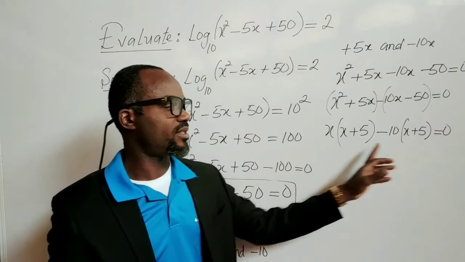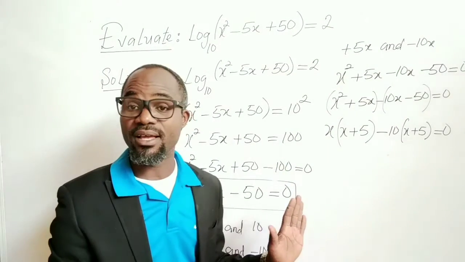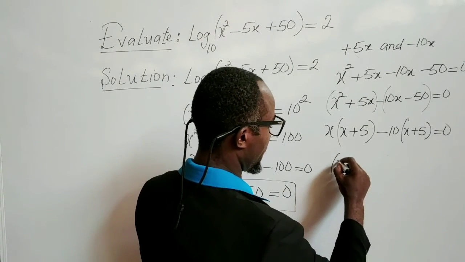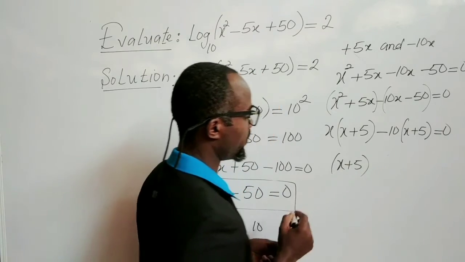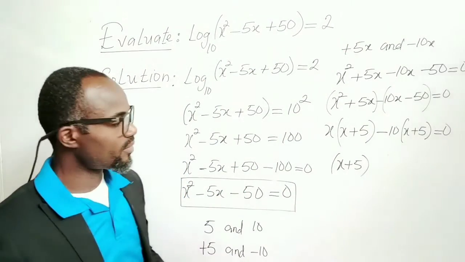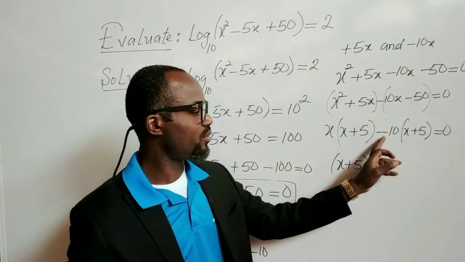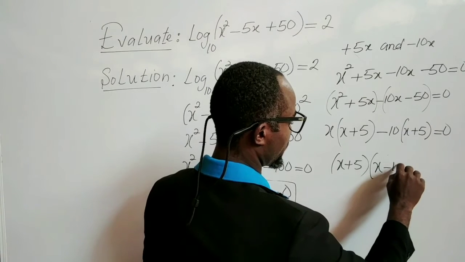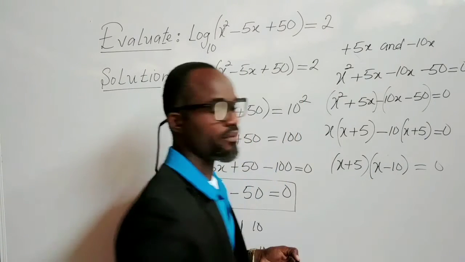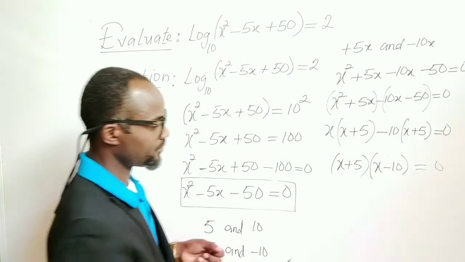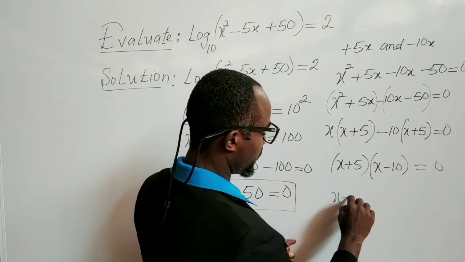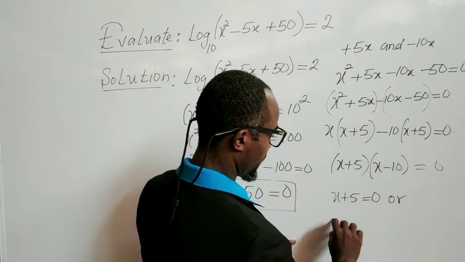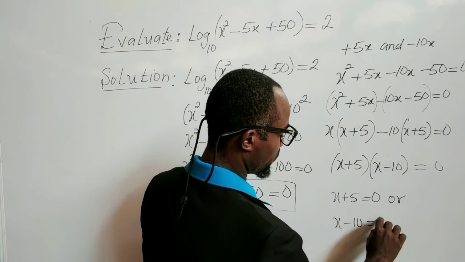And now we have two brackets that are similar. What we need to do is to just pick one. We take x plus 5. Then we have the variables outside, x and then the value minus 10. We use that as another bracket, x minus 10, all equal to 0. So we quickly finish the remaining one. It becomes x plus 5 equal to 0 or x minus 10 equal to 0.